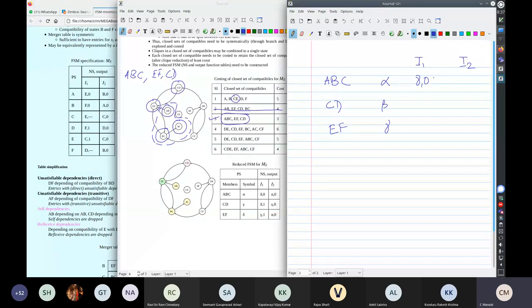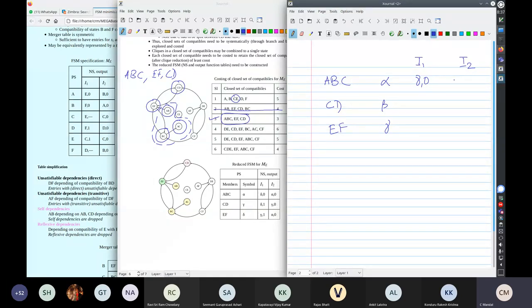That's all right. And let us consider the transition on I2. So on I2, let us see.